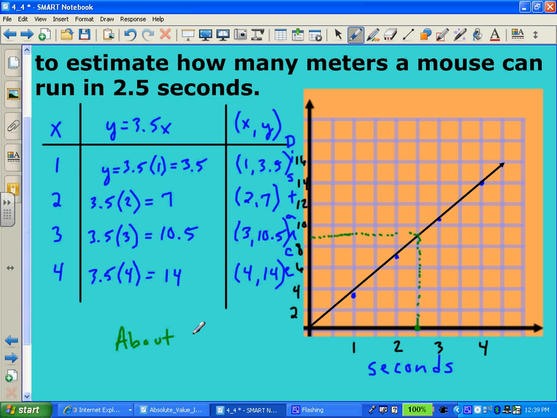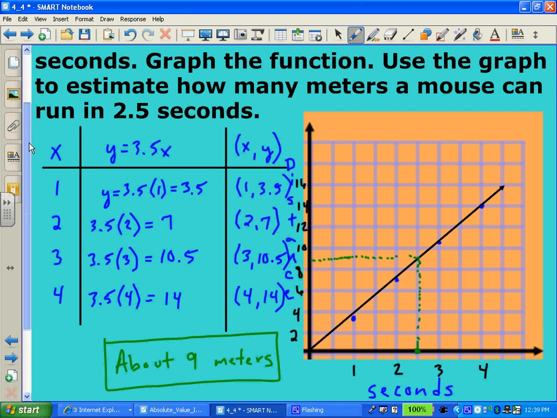We're kind of right in the middle. So about 9 meters would be my estimation for how far the mouse can run in 2.5 seconds. Okay, and again, I know that I could just do 3.5 times 2.5 and get an exact answer, but that's not what I want to do here. I want to use the graph to estimate. Okay, and that's what I did here with my line.